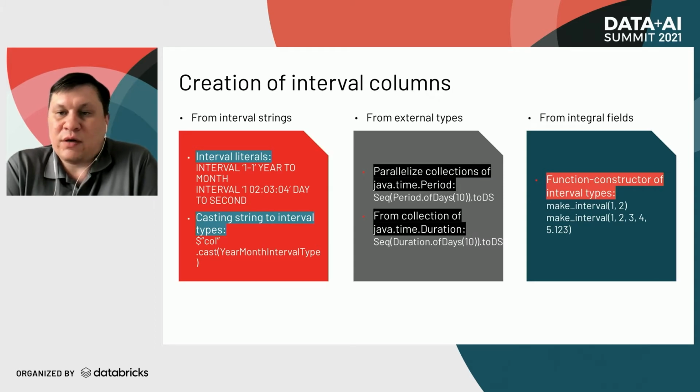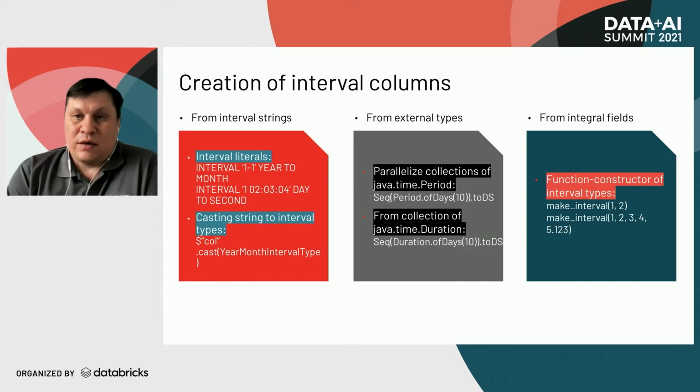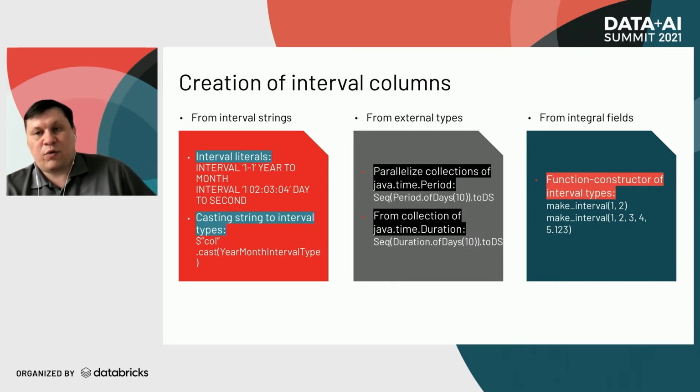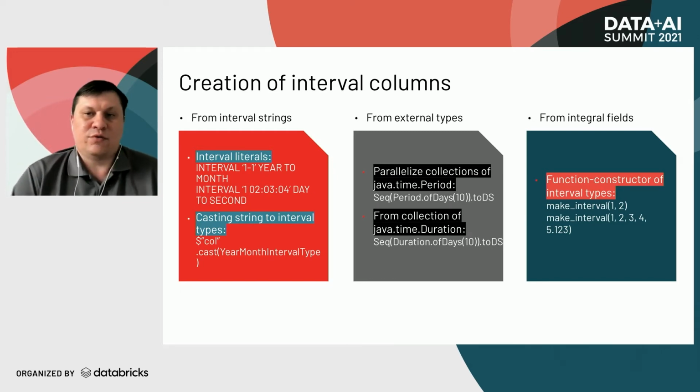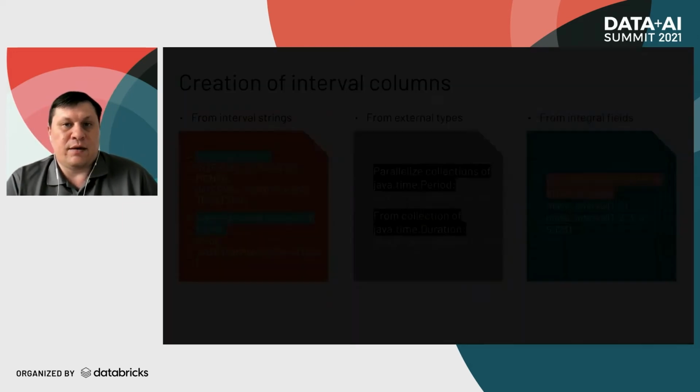But for new intervals, we have overloaded versions. The first one will accept only two arguments, year and months, and another one is for daytime intervals. This feature is not supported yet, but we are going to implement it soon, I hope.